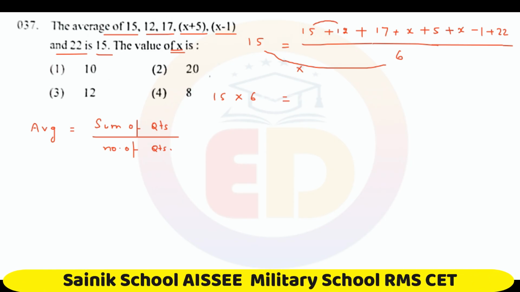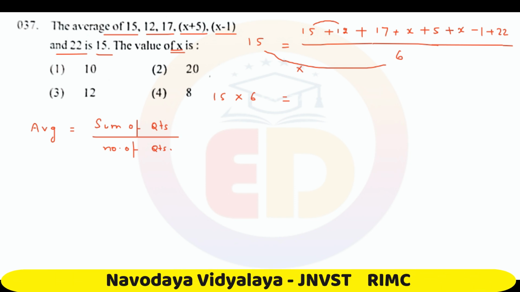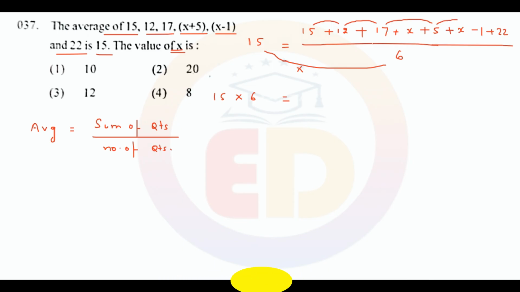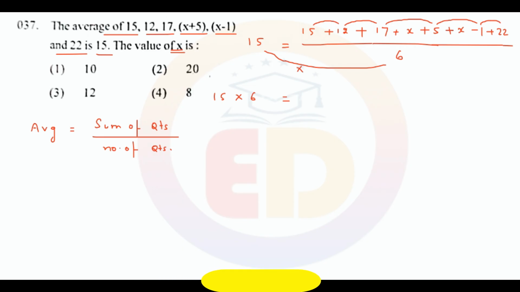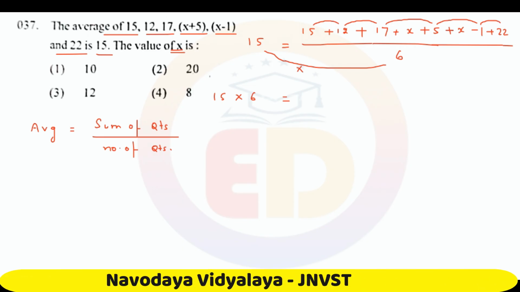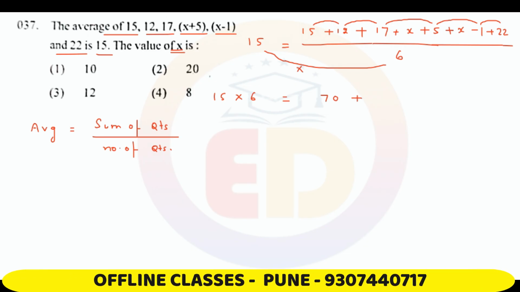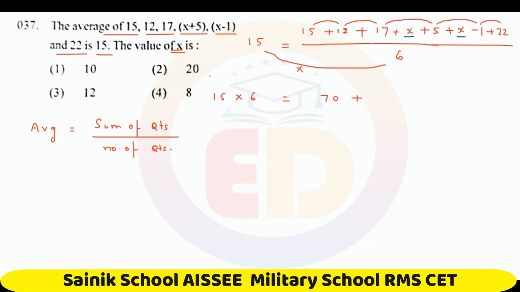15 plus 12 is 27. 27 plus 17 is 44. 44 plus 5 is 49. 49 minus 1 is 48. And 48 plus 22 is 70. Plus, we will add these two x separately. This is x, this is x. x plus x is 2x.